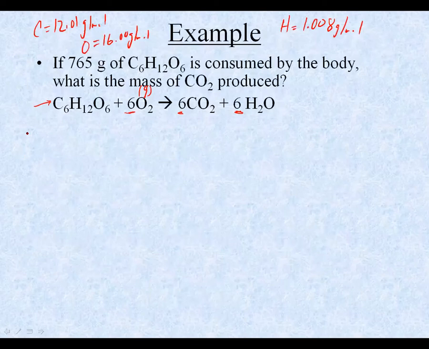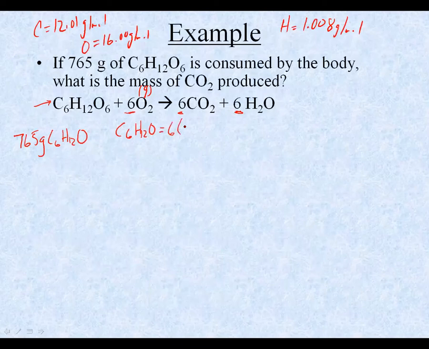The next thing we want to do is take whatever they gave us, which in this case is 765 grams of the C6H12O6, and we want to convert it into moles. We do have to do it this time because we're in grams, so we need the molar mass of our C6H12O6, which comes from the periodic table.